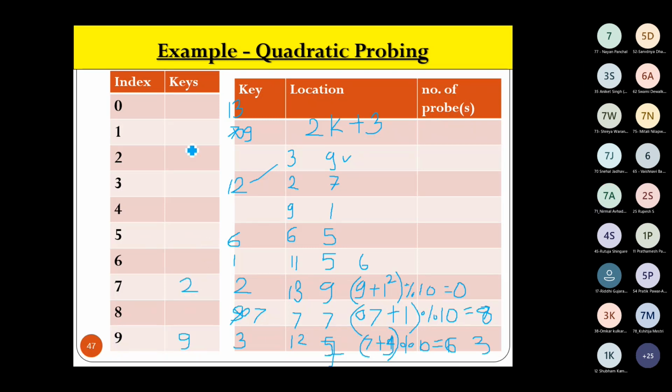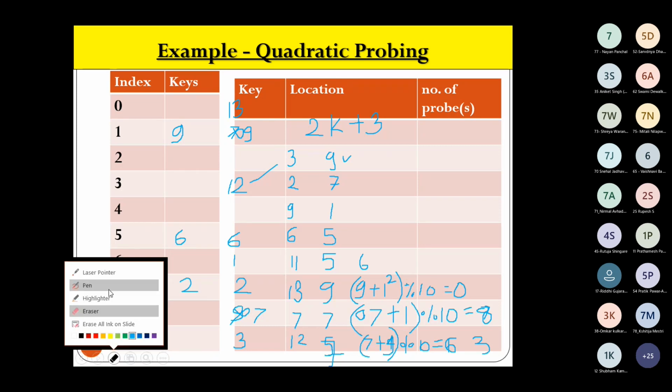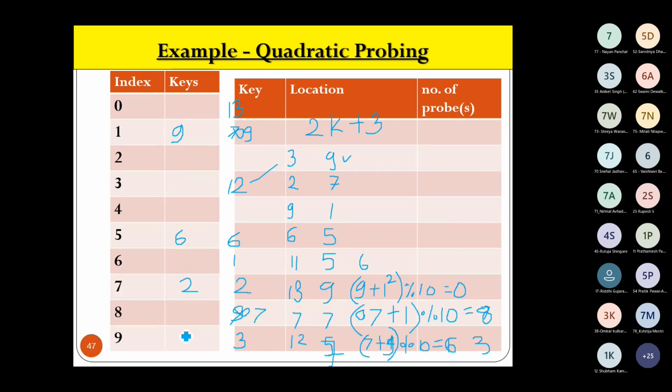Then 9 will be located at 1. Then 6 will be located at 5. Ma'am, you wrote 9 at index 9, it should be 3. Index 9, okay, it should be 3. This was a mistake. This will be 3.